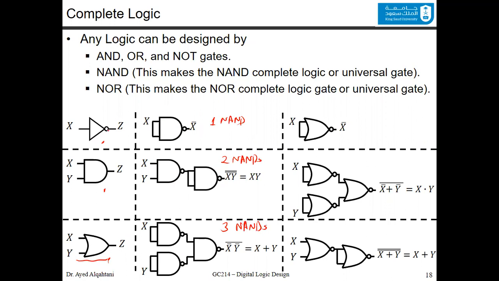Because I can convert the NOT to NAND, convert the AND to 2 NANDs, convert the OR to 3 NANDs connected this way, and I will have the same logic. We can do a similar thing for the NOR gates to prove that it's universal.